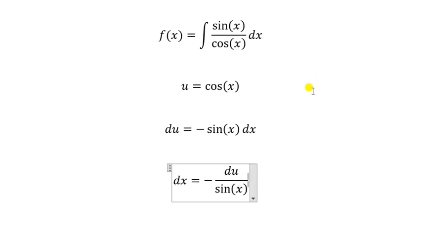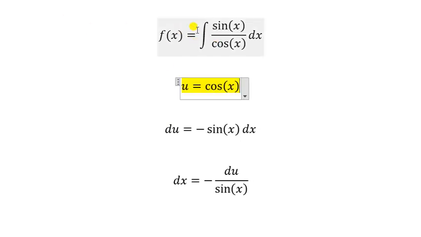The idea here was to leave the dx alone on one side of the equation, so we divided both sides of the equation by sin x. So we ended up with dx equals minus du divided by sin x. So these are the two equations we need to substitute into our problem, right?